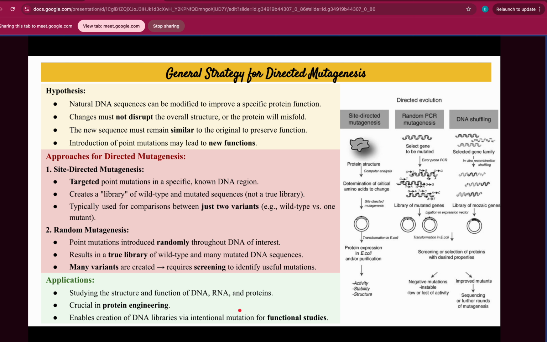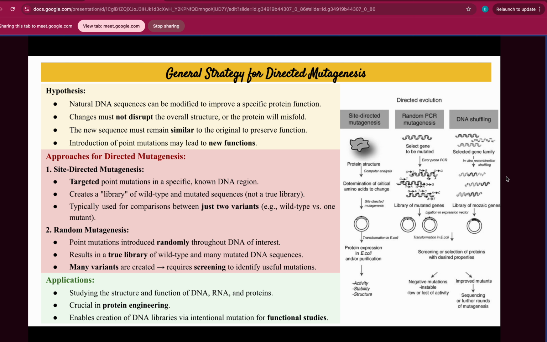With mutation, you can change the protein, you can design a protein with a new function. And it also enables you to create DNA libraries by intentional mutation for functional studies. By random mutagenesis, you can also see how each mutation is influencing the change in protein functionality. With this, you can construct an informational data set, which can further help other people who want to study in this realm.